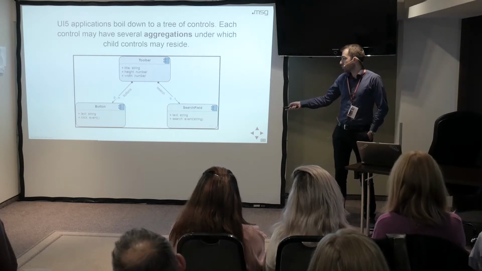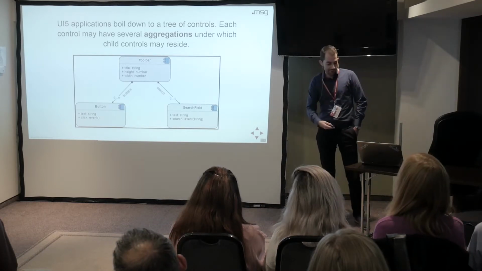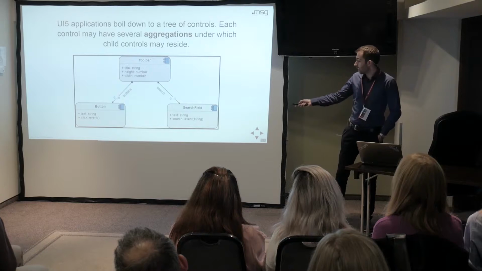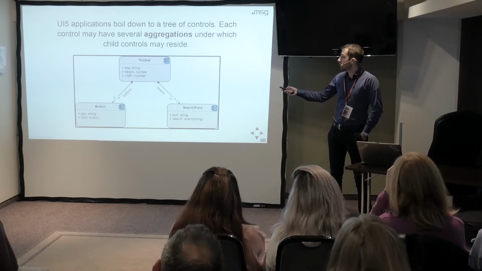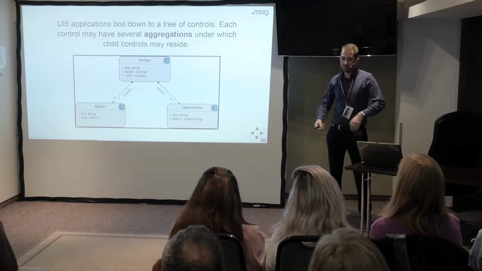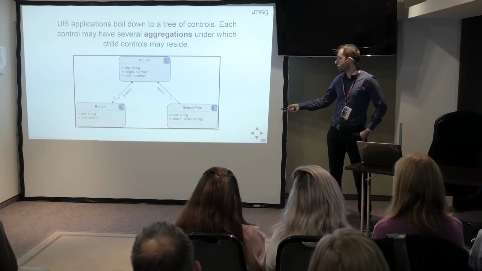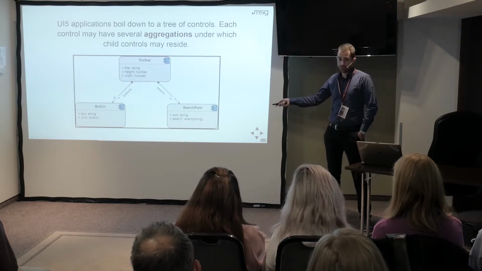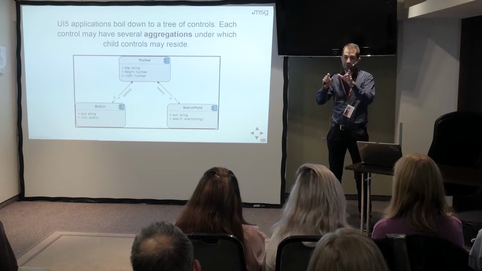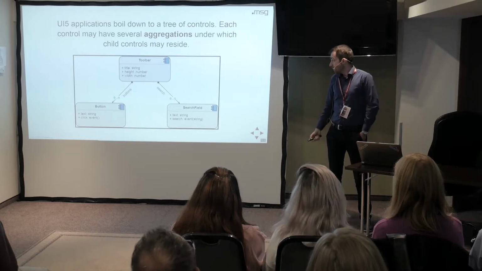This will be important later when we will see the live coding part, where I have to define stuff like this. So the idea is that you can have several aggregations or several collections in which you can store child controls. A toolbar, for example, can have one or more buttons and just one search field, right? If you think about the header toolbar, search field, and buttons.